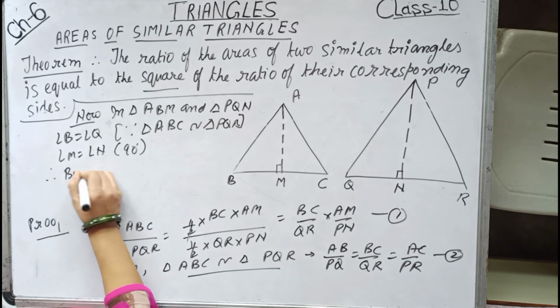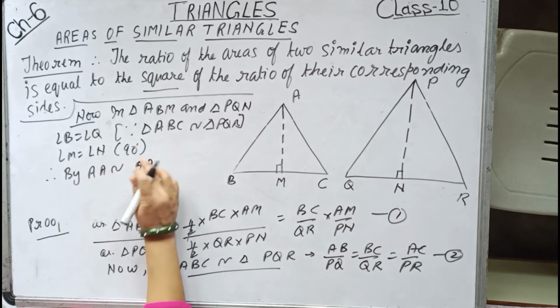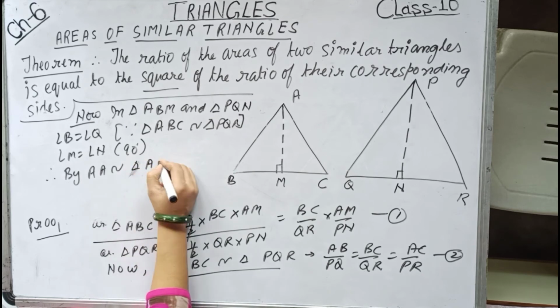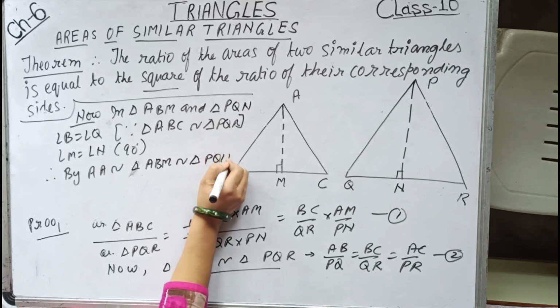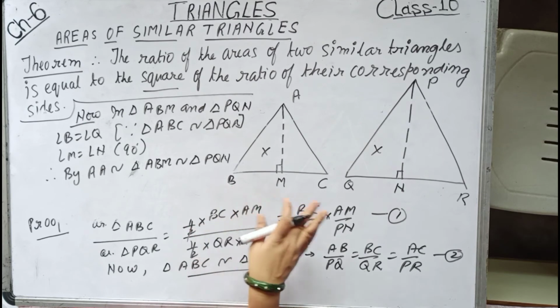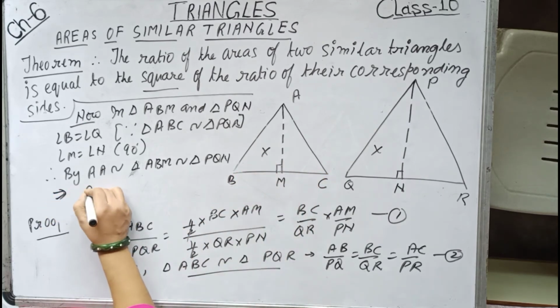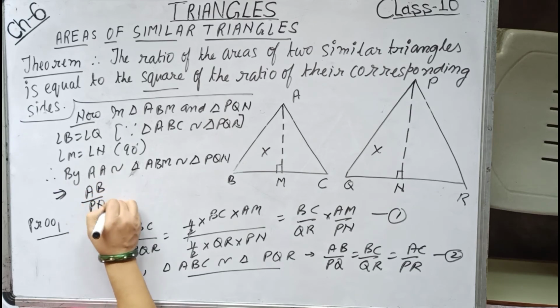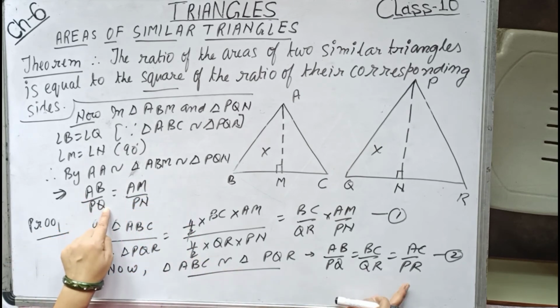Therefore by double A similarity, triangle ABM is similar to triangle PQN. That is, this triangle is similar to this triangle. Now if these two triangles are similar, obviously their sides will be in proportion. So this implies AB by PQ equals AM by PN. Now equation number 2 says that AB by PQ equals BC by QR.